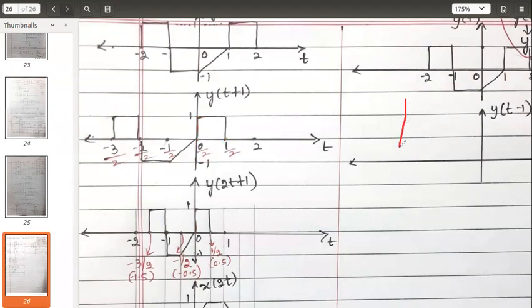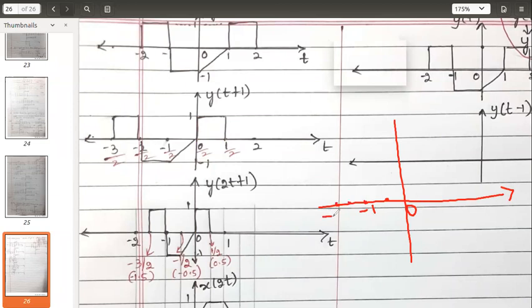Let me just draw it and show you. Zero, -1, -2, the parts in between indicate 0.5. 1, 2.